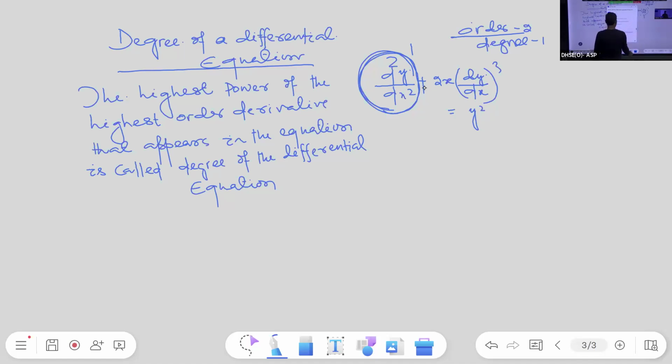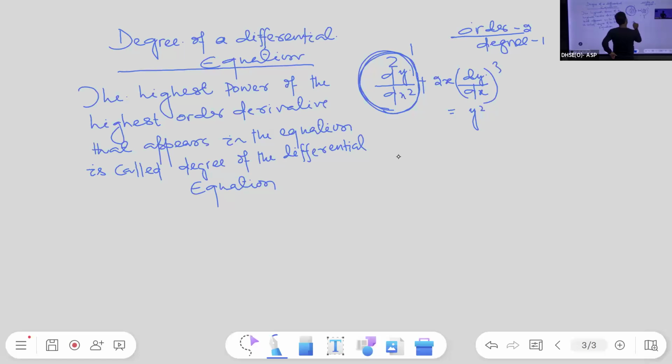If you want to find the order and degree, you will see what is the highest order derivative present in the equation. The highest order derivative gives the order of the differential equation, and the highest power of the highest order derivative is known as the degree of the differential equation. Take another example.